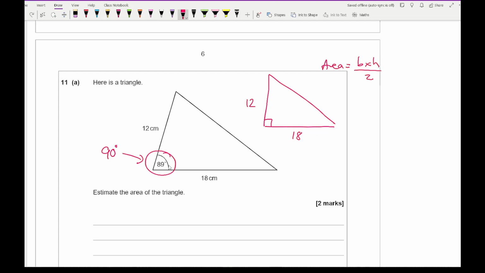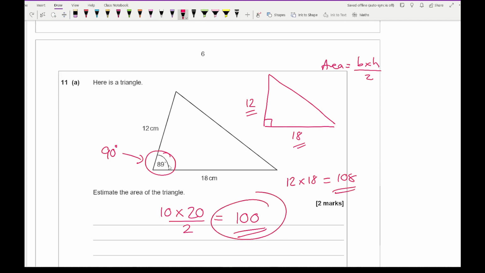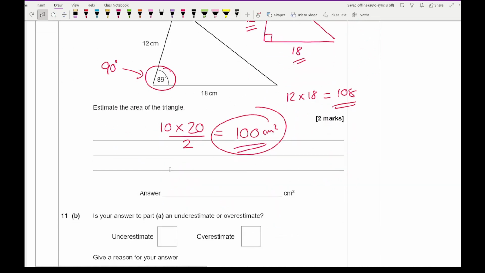If I round the height and the base, that becomes 10 times 20 divided by 2, which becomes an answer of 100. Now if you did do 12 times 18, which gives you 108, that's also going to be accepted, but I would say more often than not 100 is the answer that you should be looking for.